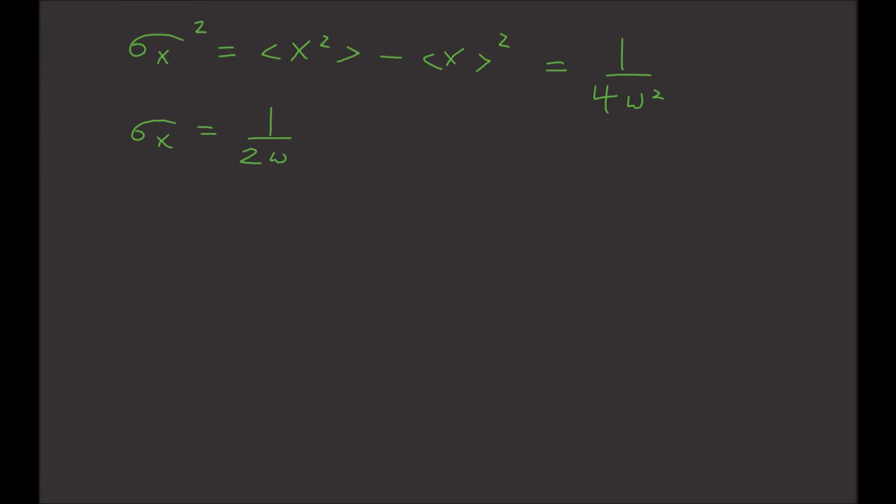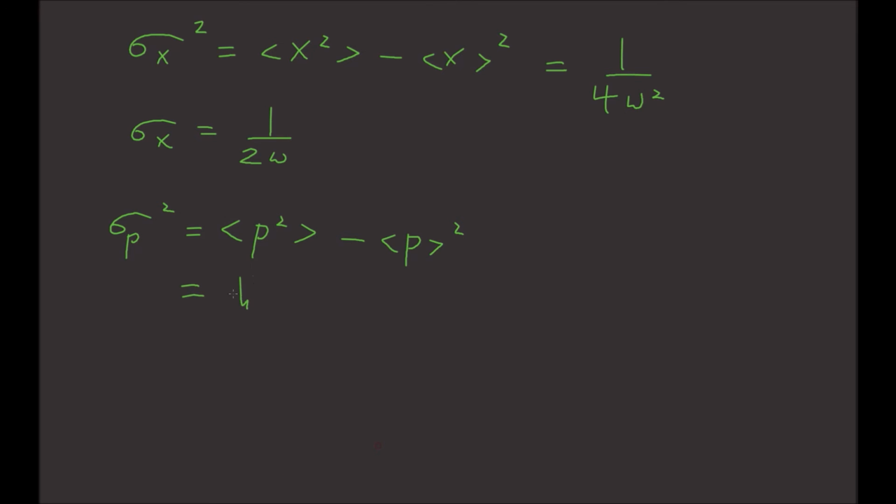Alright, so now let's do the y. The error in the momentum is equal to the expectation value of p squared minus the square of the expectation value of p, which is equal to, let's do it here.